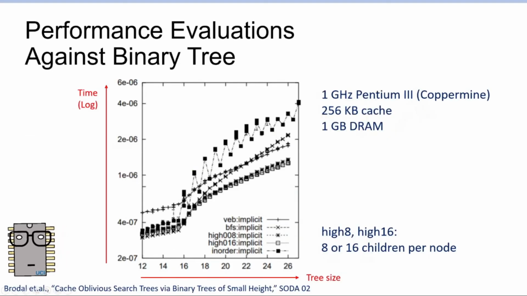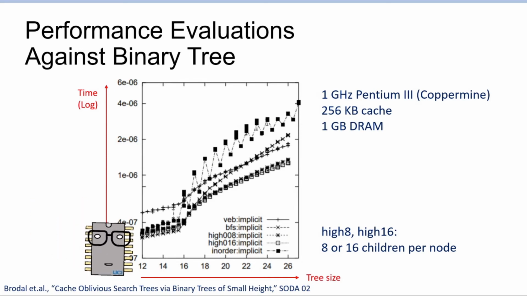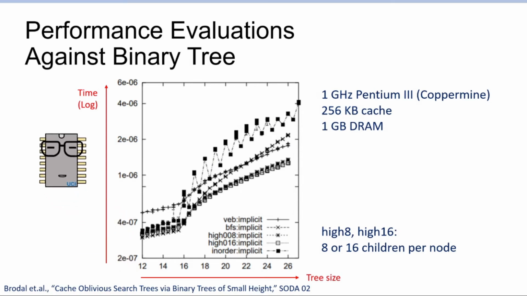So if you look at the performance of the van Emde Boas tree layout, this is kind of a complicated chart. Let me get into the details just a little bit. X-axis is the size of the tree in terms of height. Y-axis is the exponential scale, the logarithmic scale in terms of time. So lower is better, exponentially.